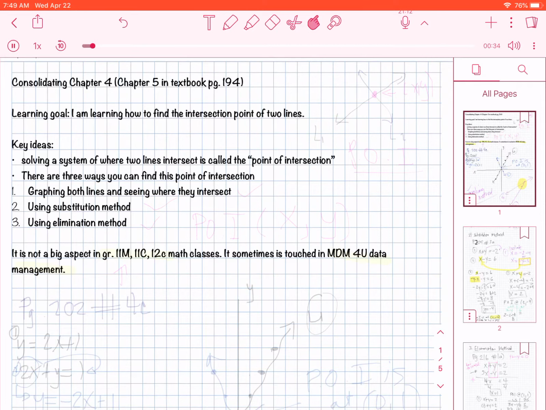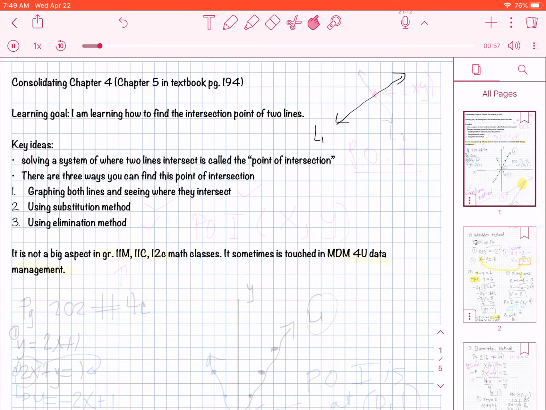Your goal after completing those two modules is to figure out how to find the intersection point of two lines. So essentially, in a nutshell, you've learned so far how to draw one line. In grade 9 you touch on this a little bit. We'll call this line 1.